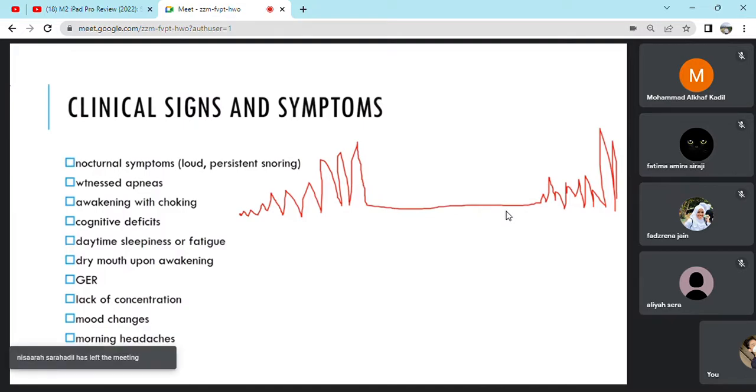Next is a patient may also suffer from gastroesophageal reflux. Okay, that is also seen. And patients will also complain of lack of concentration. If you happen to see some news events that will feature somebody na parang truck driver tapos nabangga and everything, usually if you look at their history, if you look at their profile, might be they are suffering from OSA.